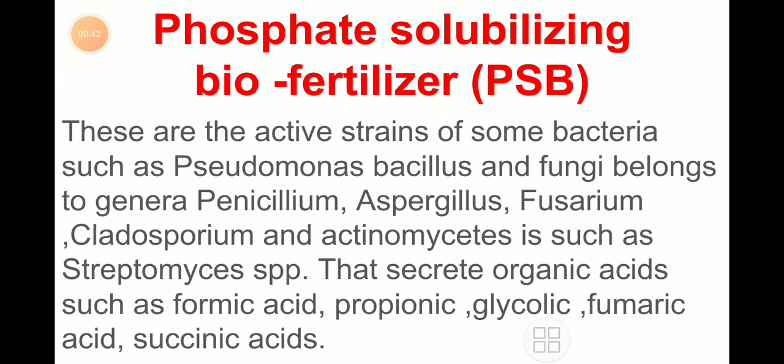Friends, we know that phosphate solubilizing biofertilizers consist of active strains of some bacteria such as Pseudomonas and Bacillus, fungi belonging to the genera Penicillium, Aspergillus, Fusarium, Cladosporium, and Actinomycetes such as Streptomyces species.